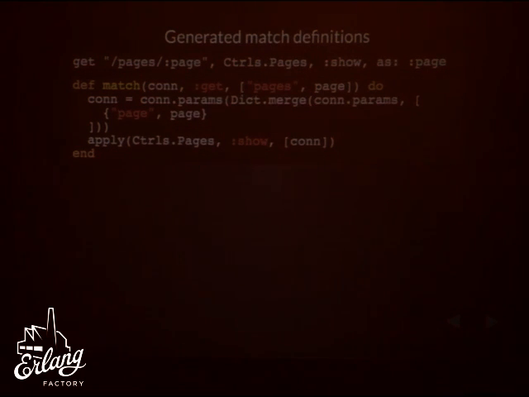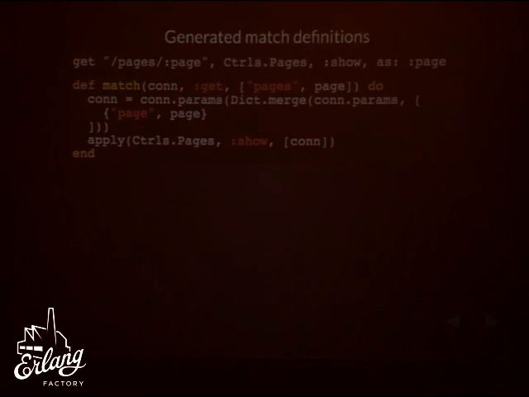But then we can generate an AST at compile time that says instead of matching on that :page as a string, generate an AST that is going to literally create a variable named page and then bind whatever was in that second element to the value of page. And then we merge that onto any of the middleware query string parameters with the name page, and then we invoke our controller function show. So literally, there's no extra complexity going on here.